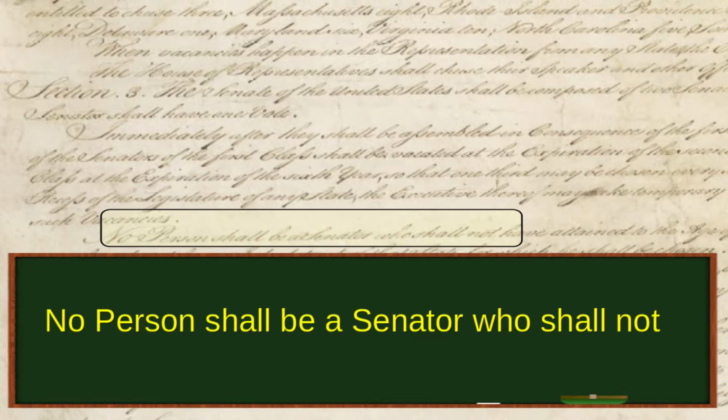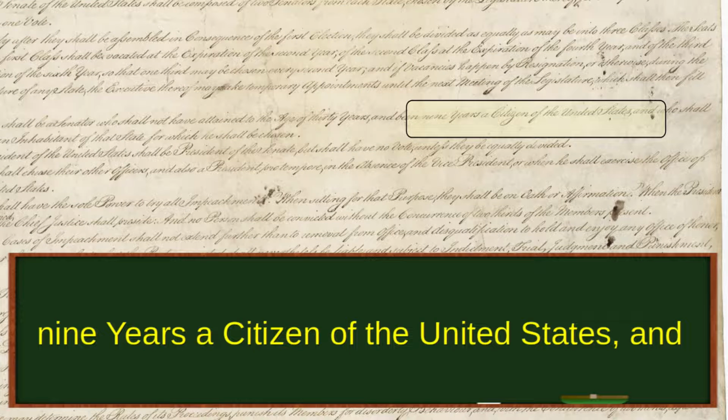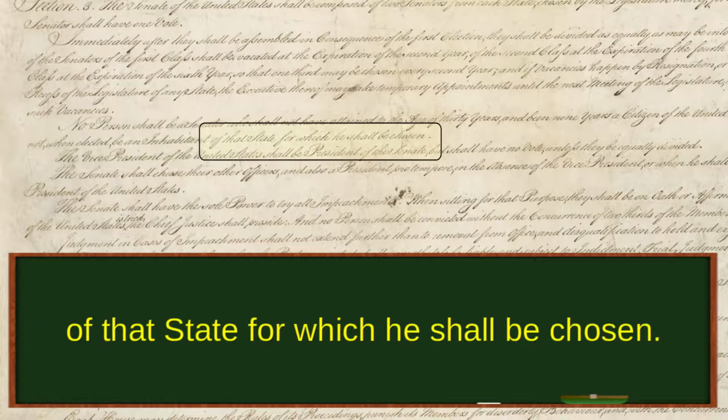No person shall be a senator who shall not have attained to the age of 30 years and been 9 years a citizen of the United States, and who shall not, when elected, be an inhabitant of that state for which he shall be chosen.